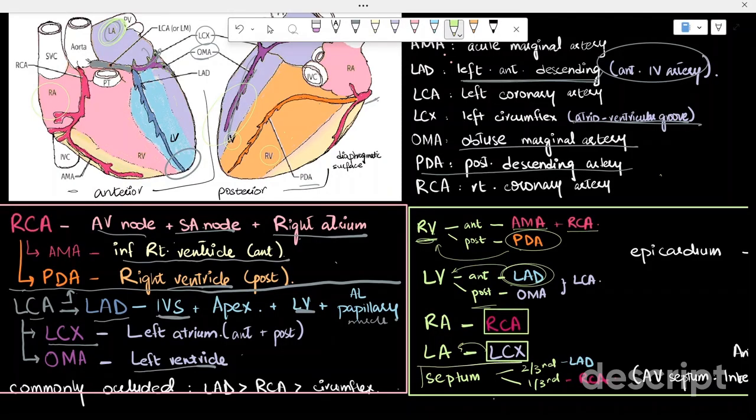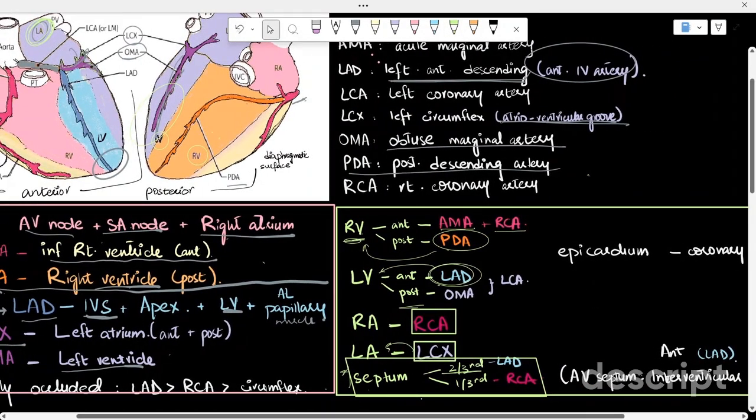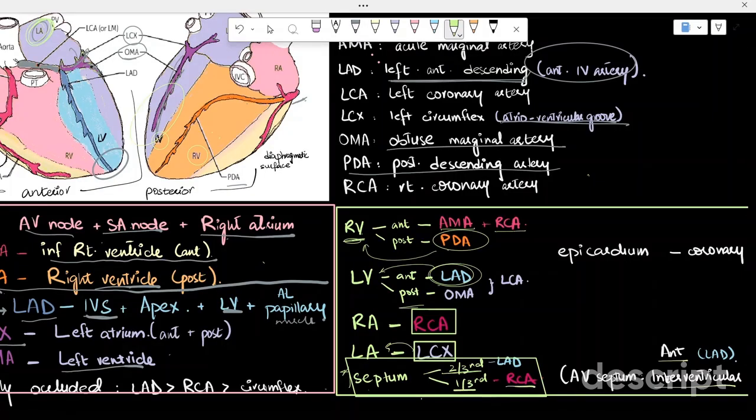Now, a very important and high-yield point for exam is the blood supply of septum. The 2/3 is supplied by LAD, which is left anterior descending artery, or the anterior interventricular artery. 1/3 of it is supplied by right coronary artery.